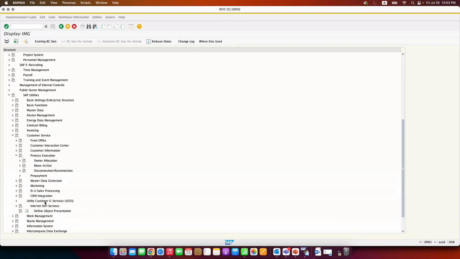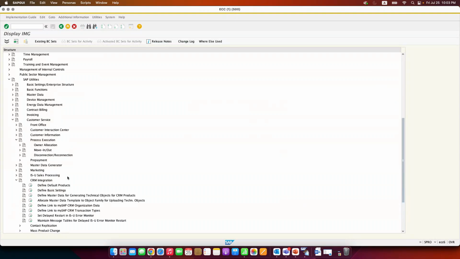That is your utility CE. These are all just giving you web services, how you want to integrate with that middleware, connecting with the middleware.